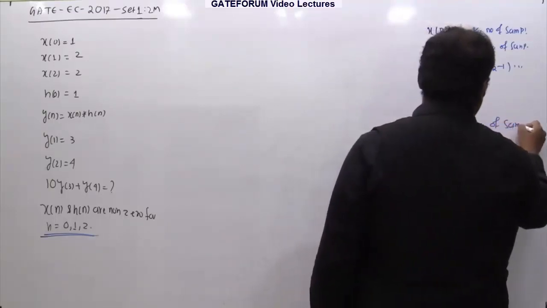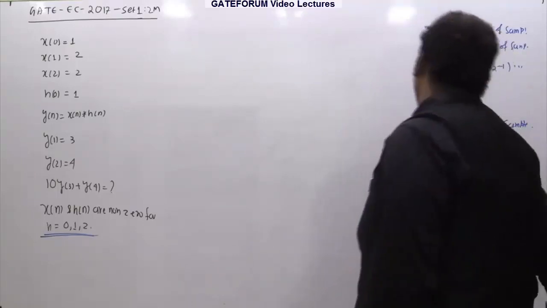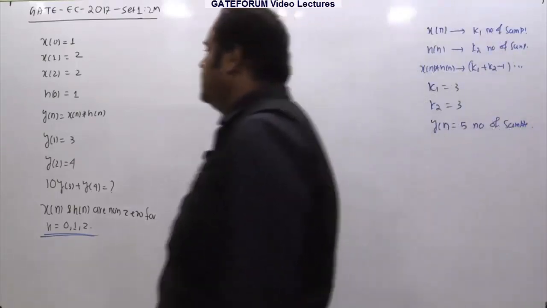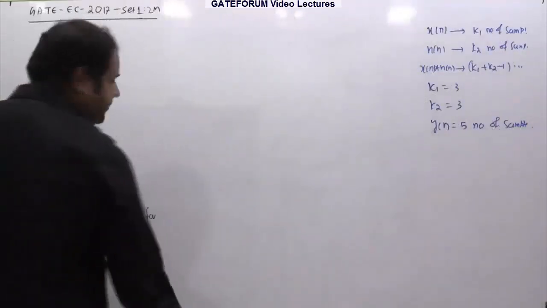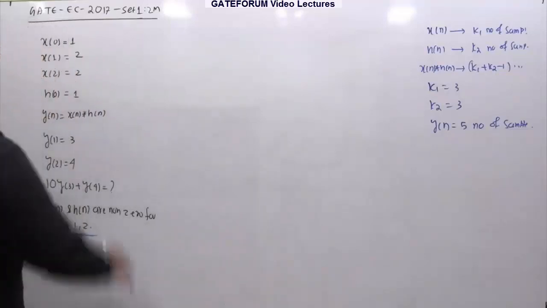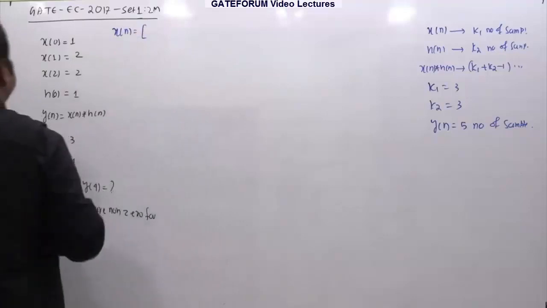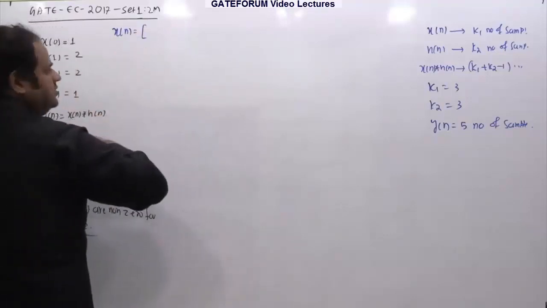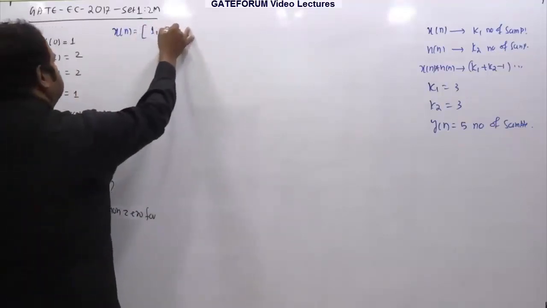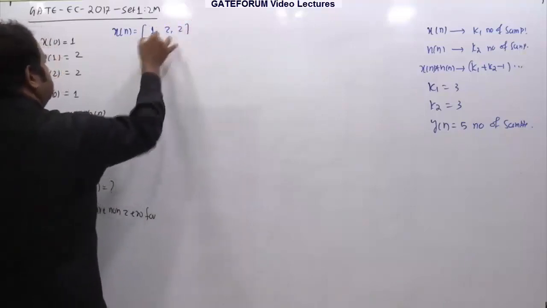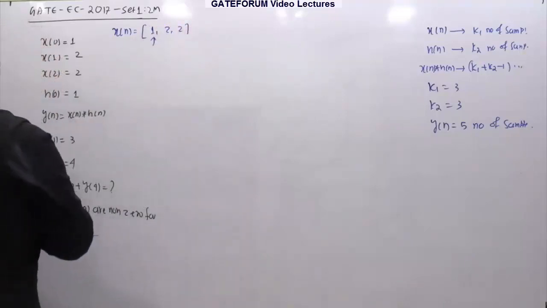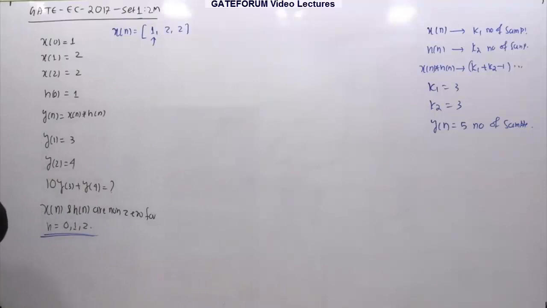So we should be very clear that y of n has 5 samples, x of n has 3, h of n has 3. So if I write x of n, it has 3 samples, 1, 2 and 1. Right, so this is how it is given.